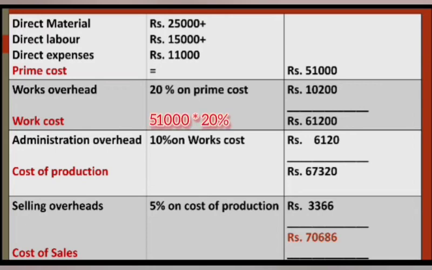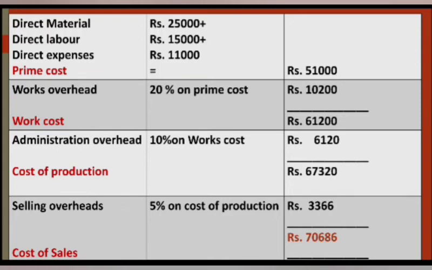That is 20% of rupees 51,000, we will get rupees 10,200. Then we'll add 51,000 and rupees 10,200, we will get work cost as rupees 61,200.